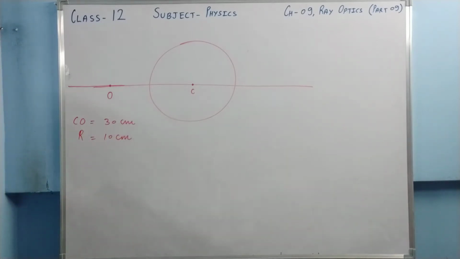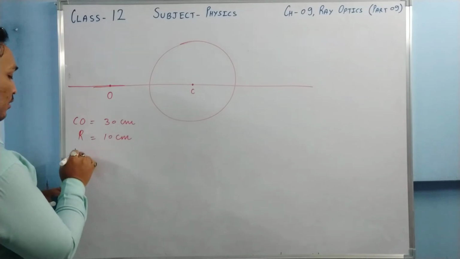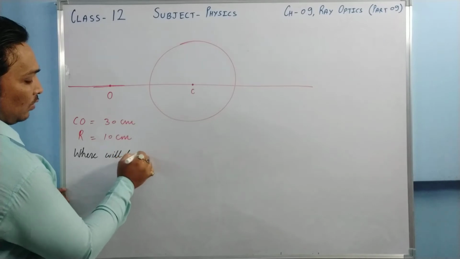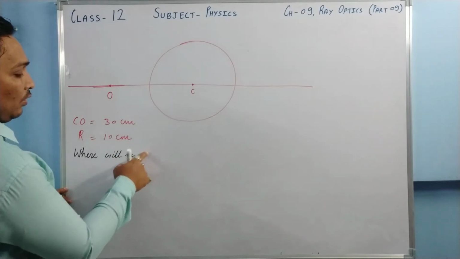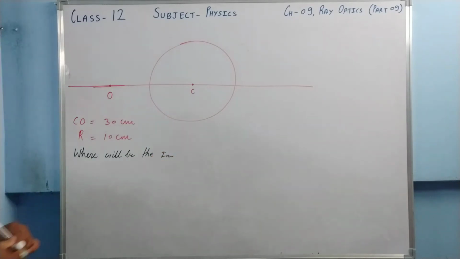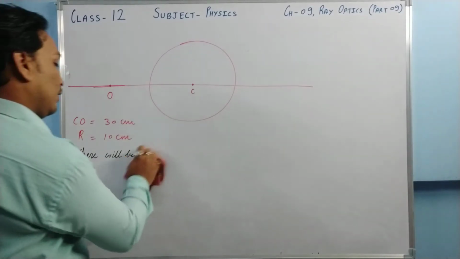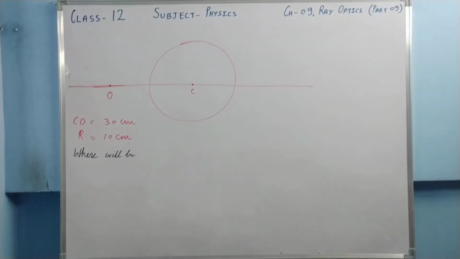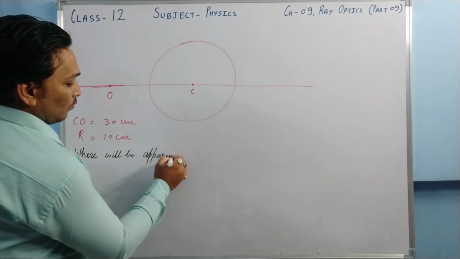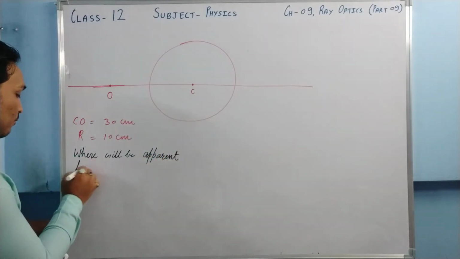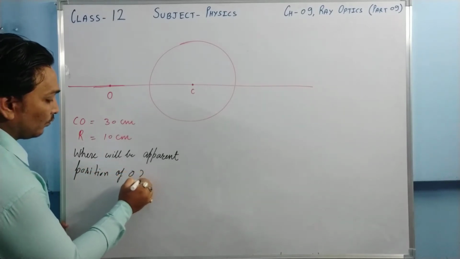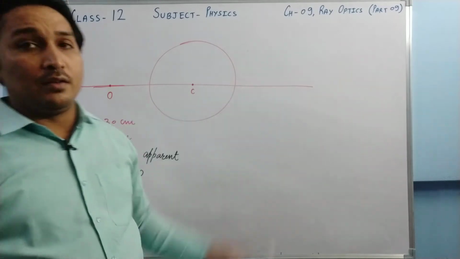Question is, where will be the image, or we can say the apparent position, of O if it is viewed from this side, obviously.